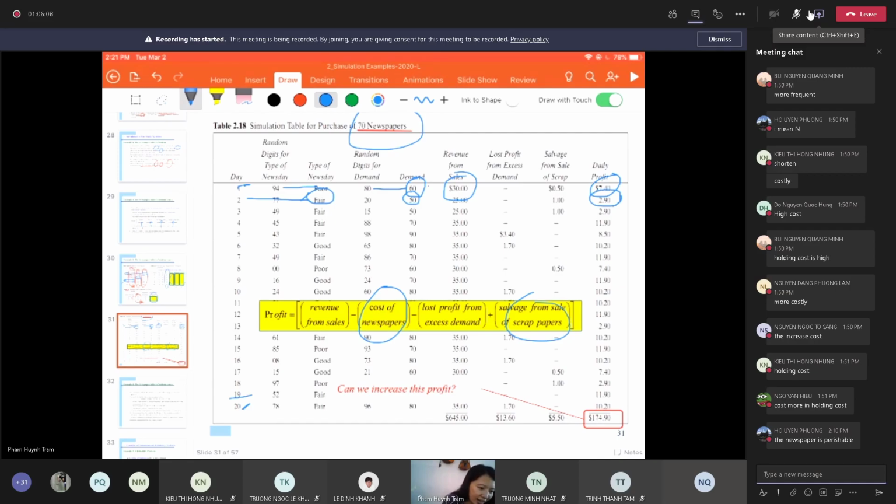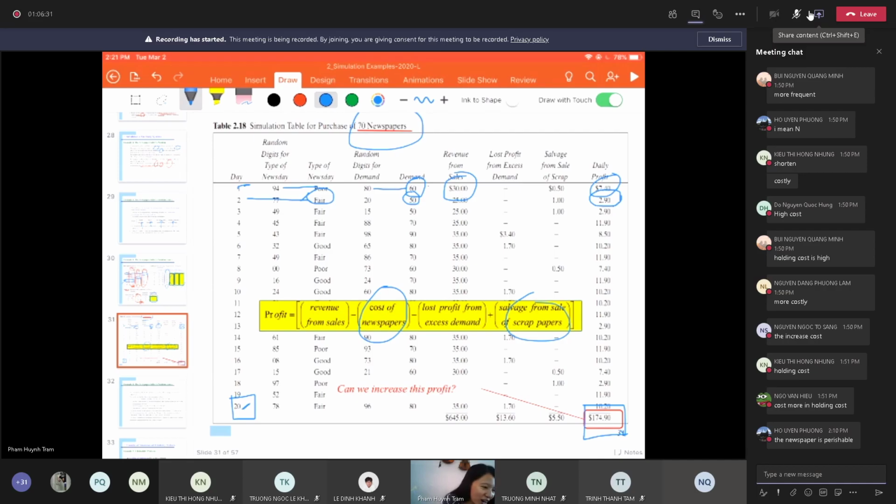This is the sum of our profit for 20 days. We get $174.90 in total for 20 days. So can we increase this profit or not? Well, we don't know. We have to try.